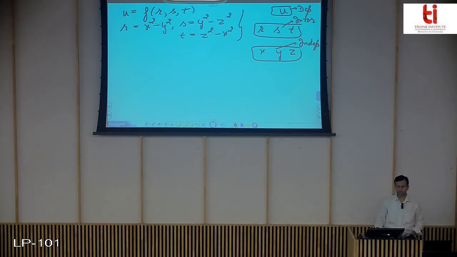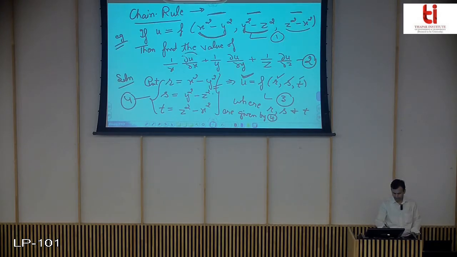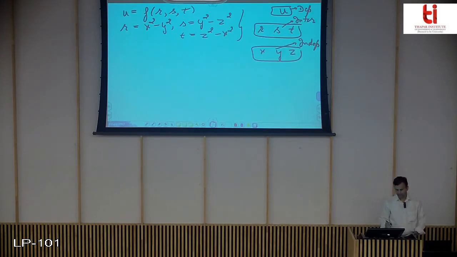Done. So in the question, what has been asked? You need to find the derivative of u with respect to x, y, and z. So let us start one by one. First, the derivative of u with respect to x. To form the formula for this derivative, I am using your chain diagram.